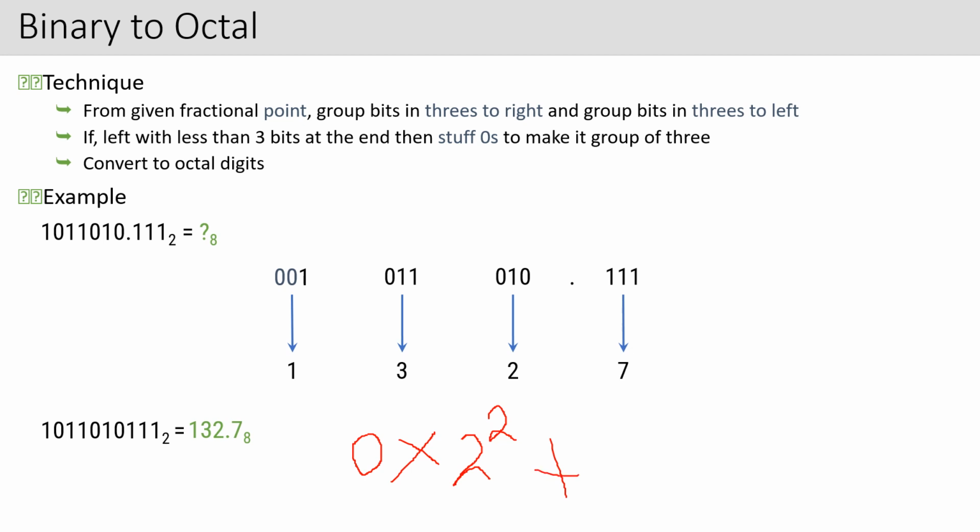Plus 1 into 2 to the power 1, plus 1 into 2 to the power 0. What is the equivalent? Anything into 0 is 0. 1 into 2 is 2. 1 into 2 to the power 0 is 1, and 1 into 1 is 1. So 2 plus 1 is 3. So like that you will have to form it. Just this way you are supposed to do it.